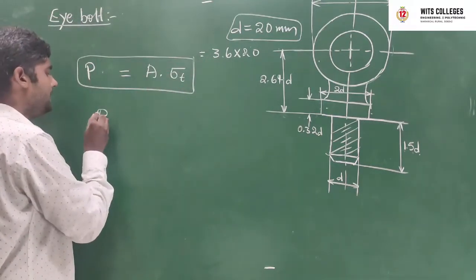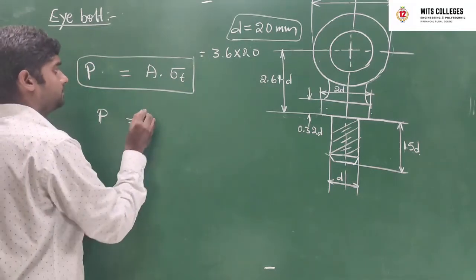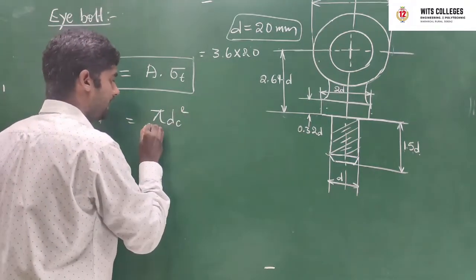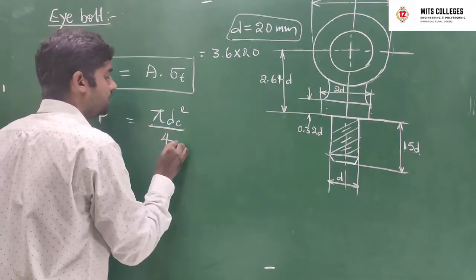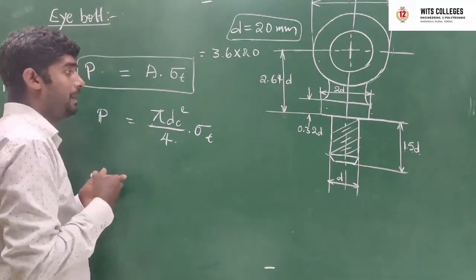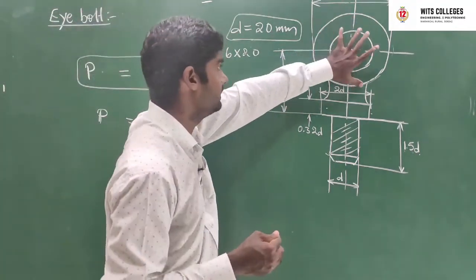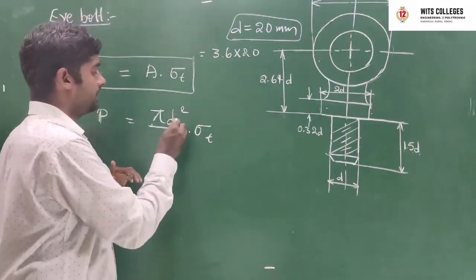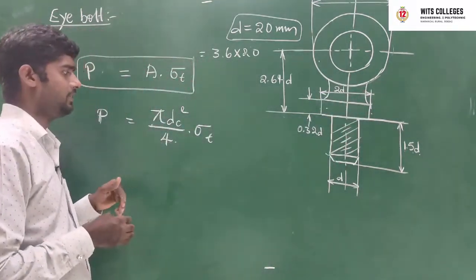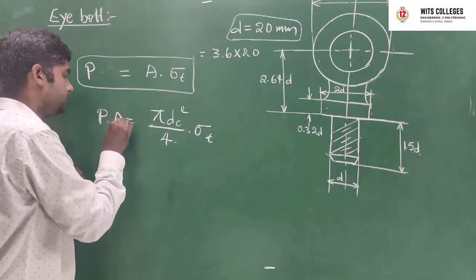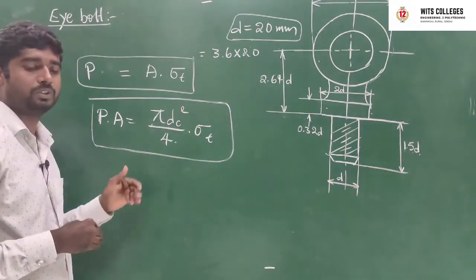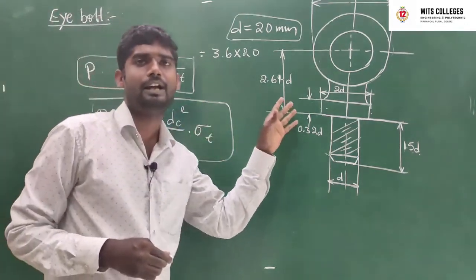Using this formula, P is equal to pi dc square by 4 into sigma t, because the area of the head is pi dc square by 4. This is the standard specification of the eye bolt.